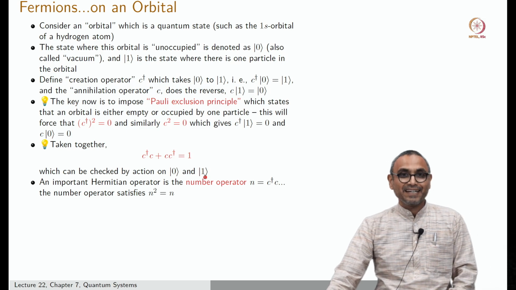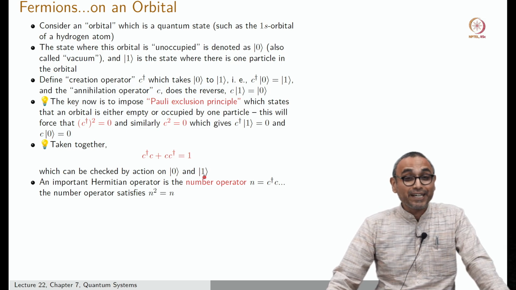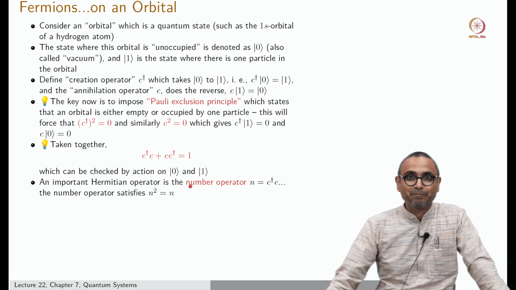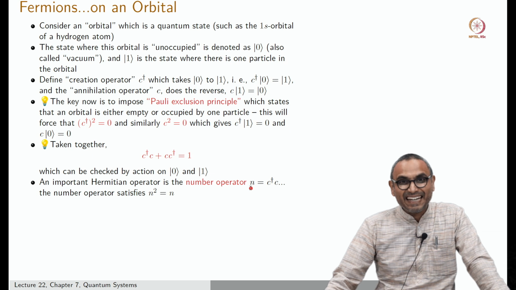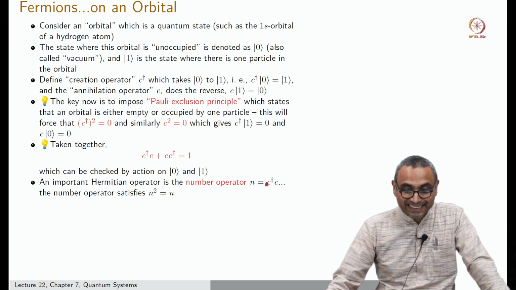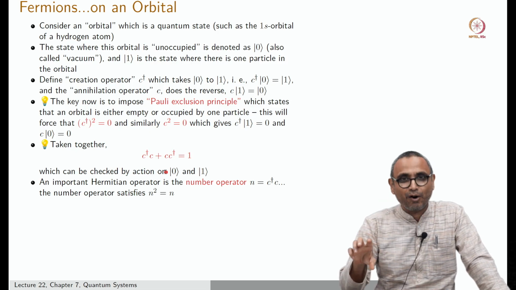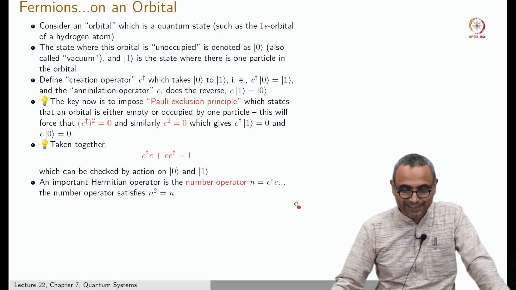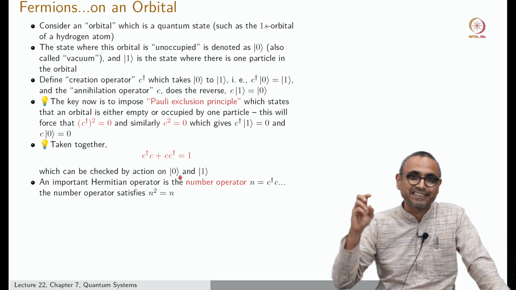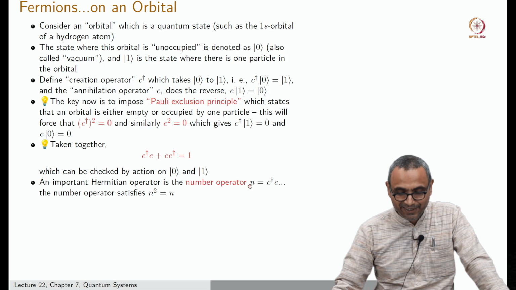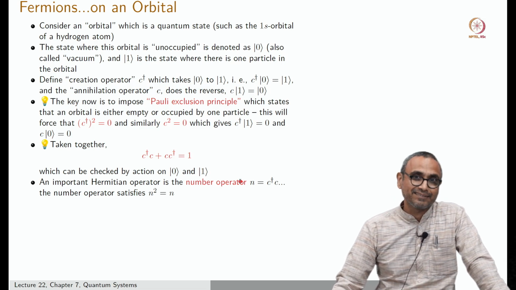In addition, we also have a very interesting operator we can define called the number operator. The number operator, little n, is defined as C dagger C. What does it do? It takes any of these states and multiplies it by the number of particles in that state and gives it back to you. So if this acts on the vacuum state, it will give 0 times the state, which is the 0 vector, and if it acts on the state 1, it will give me 1.